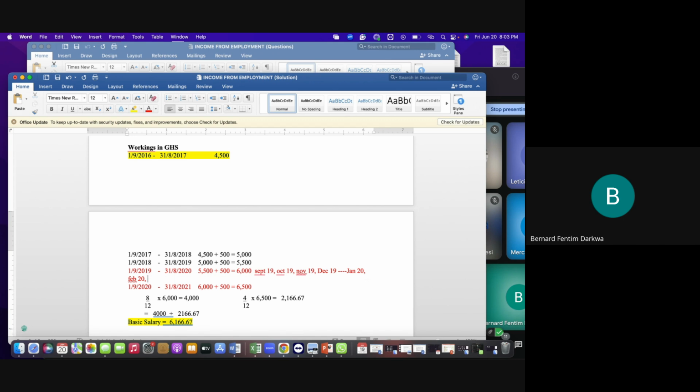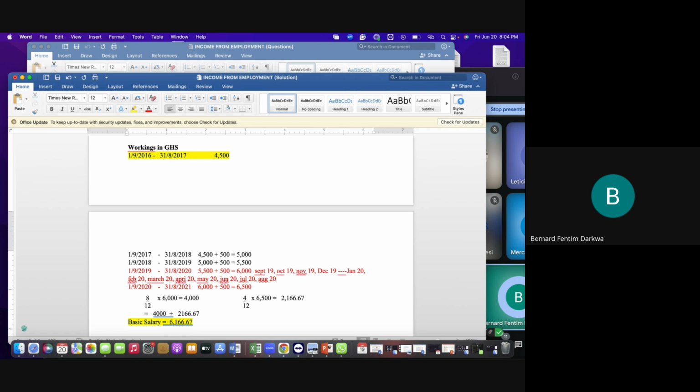Then March 2020, April 2020, May 2020, June 2020, July 2020, and August 2020.